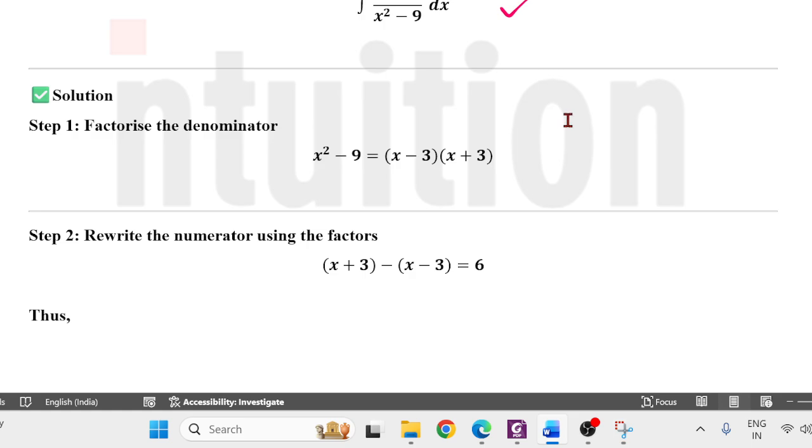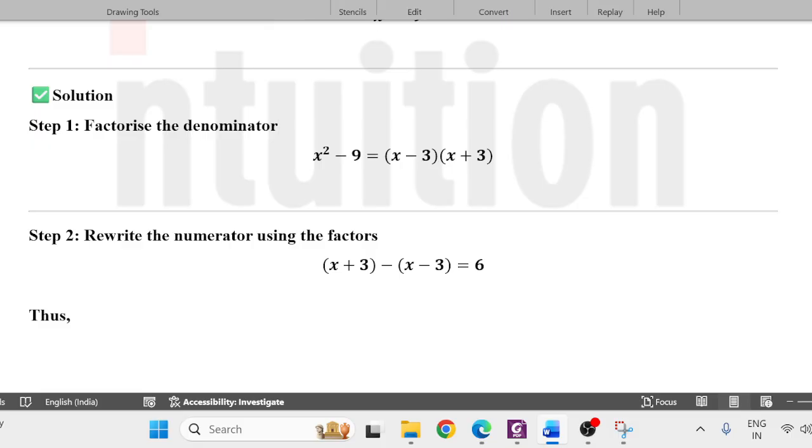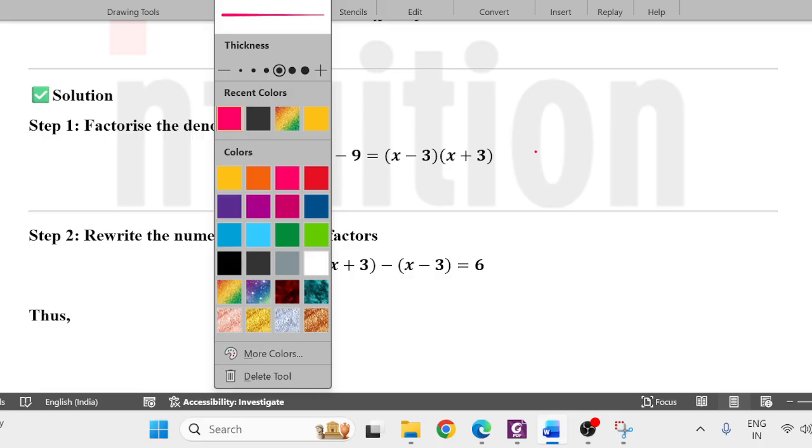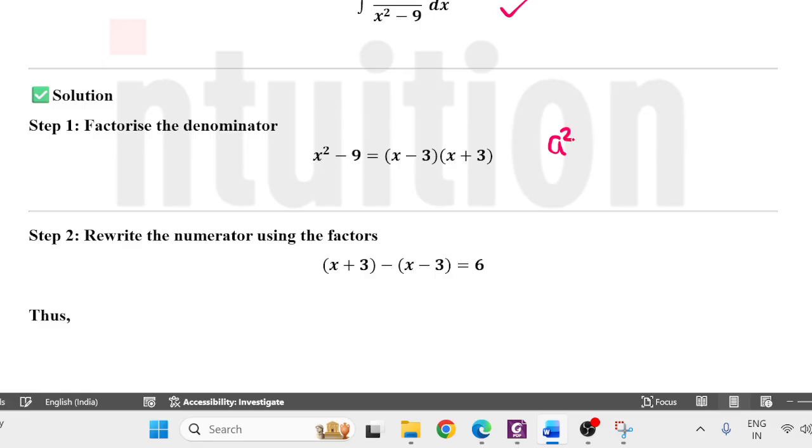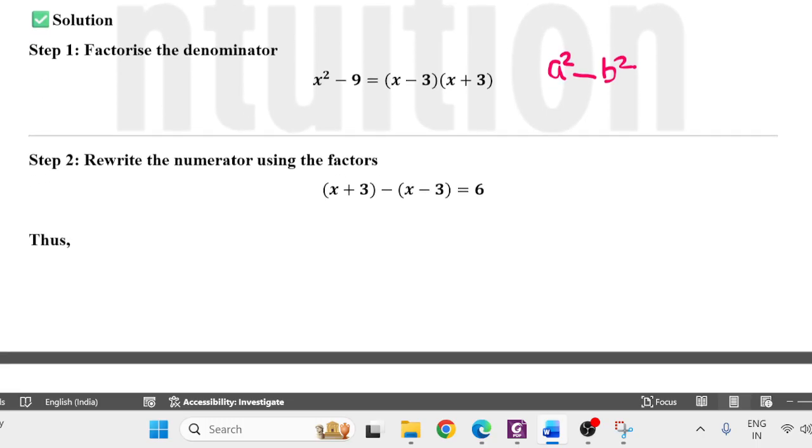With the help of a square minus b square we can always write it as a minus b into a plus b. Now the challenge is the numerator, that is 1 divided by x minus 3 into x plus 3.